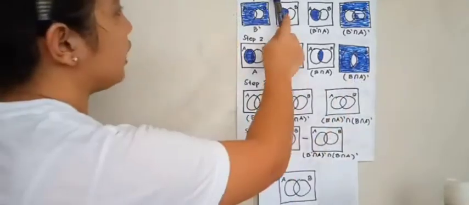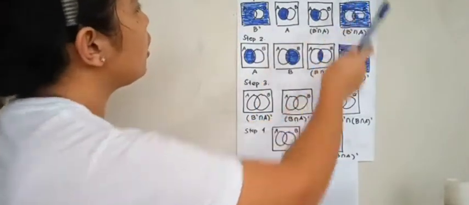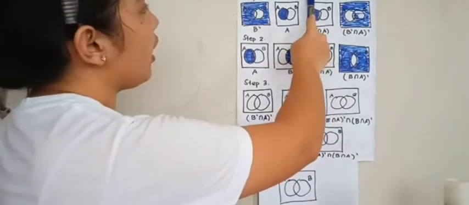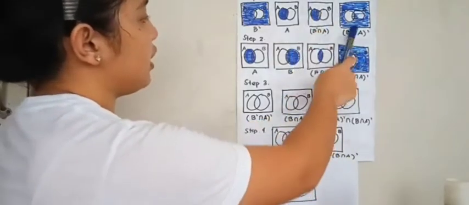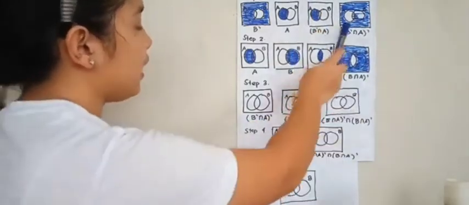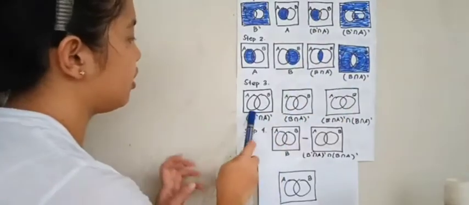So we're done solving these two. So we need to intersect these two. So we need to copy this and this.